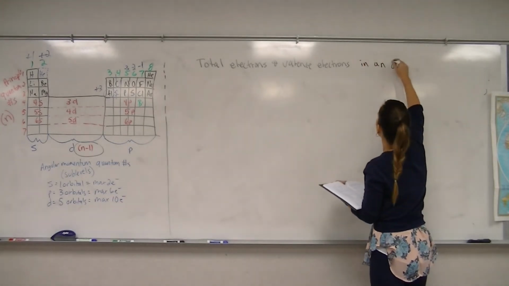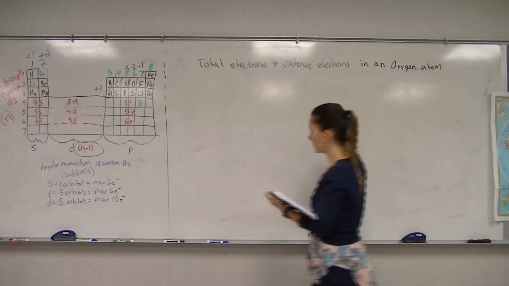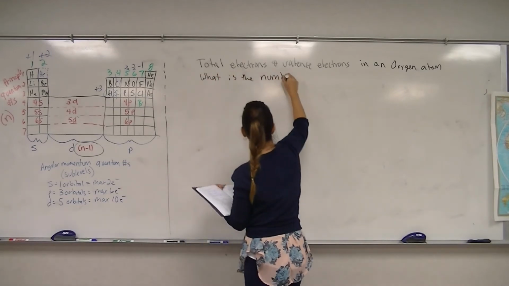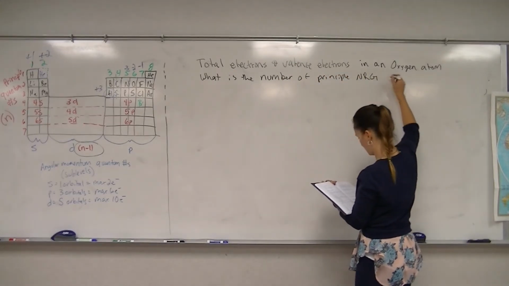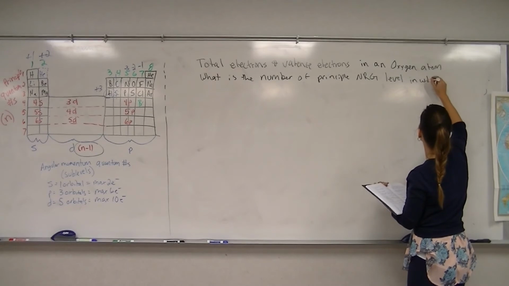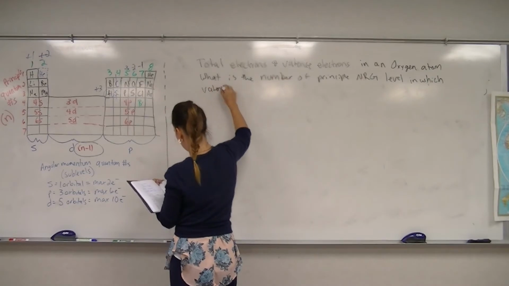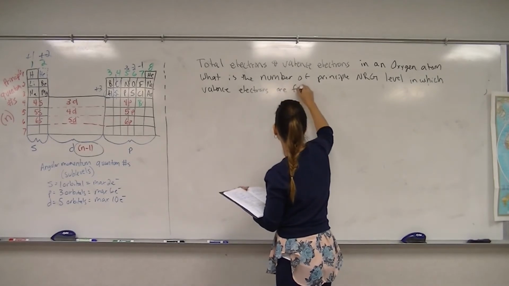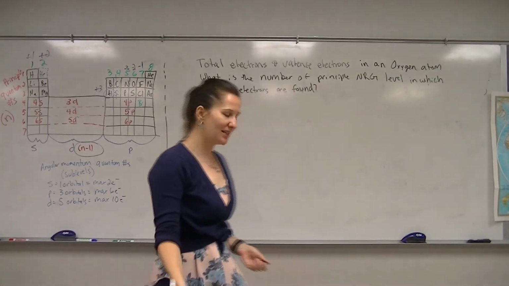In an oxygen atom, what is the number of the principal energy level? So, long question, sorry, but a few people asked about this. So I wanted to address it, but we needed to know all that information first.